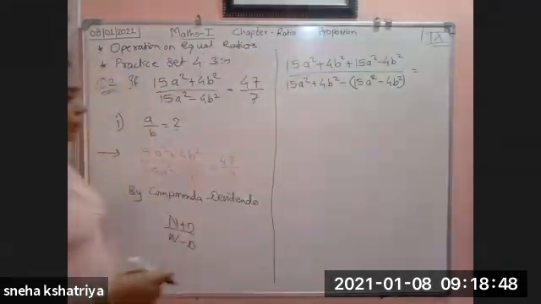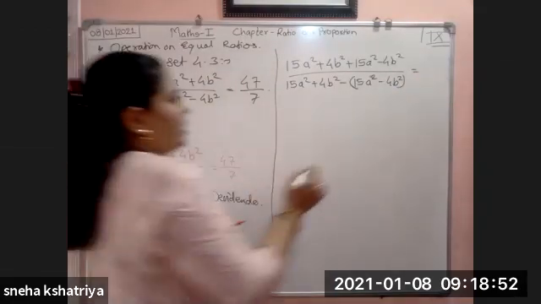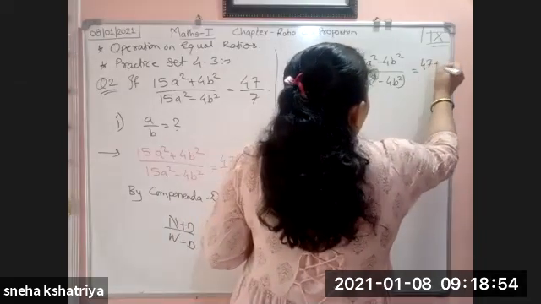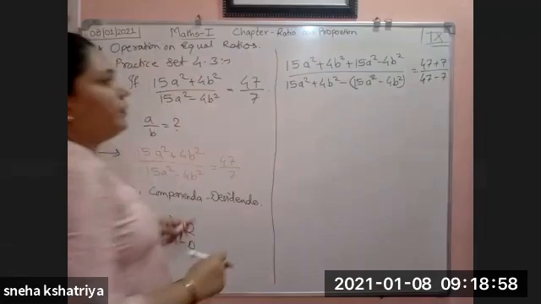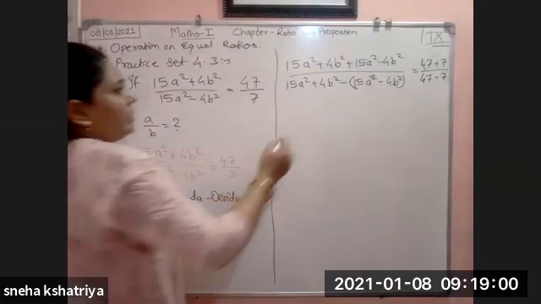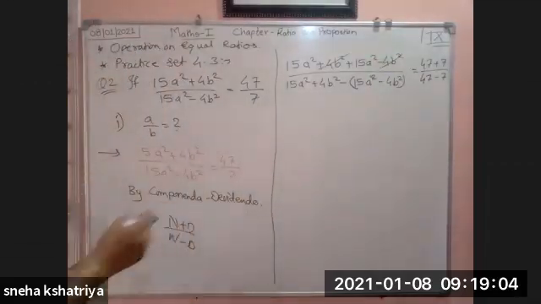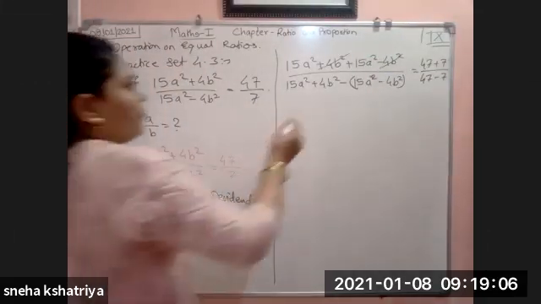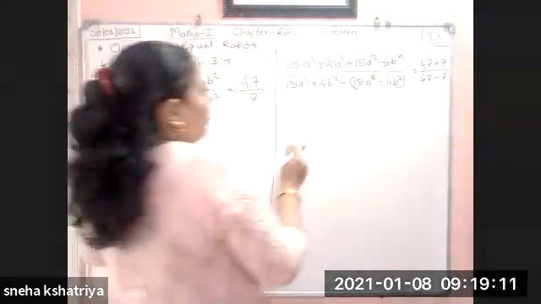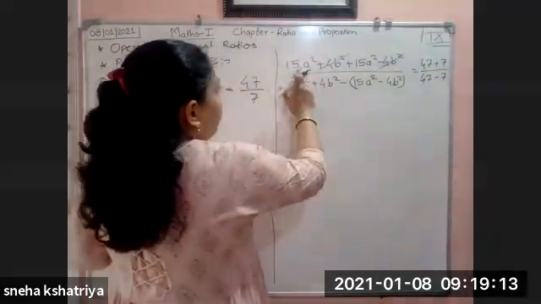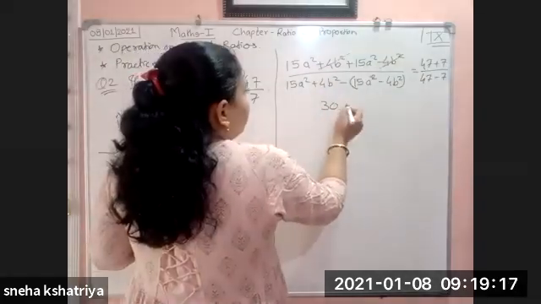This is equal to, again n plus d upon n minus d, 47 plus 7 divided by 47 minus 7. Componendo and dividendo. See in the numerator, plus 4b square minus 4b square get cancelled. Right? At the numerator, what remains? Now we will do addition of 15a square and 15a square. It will become 30a square.